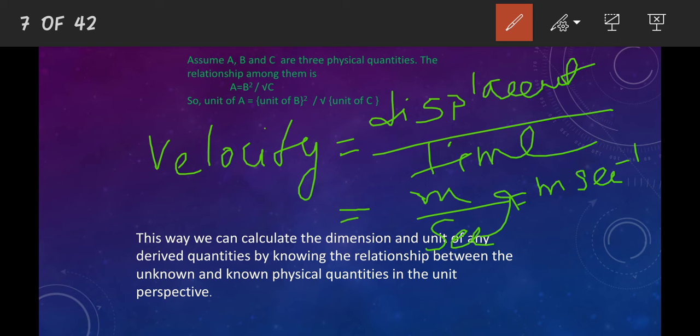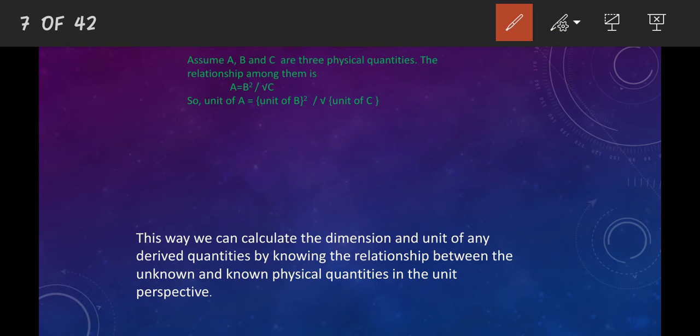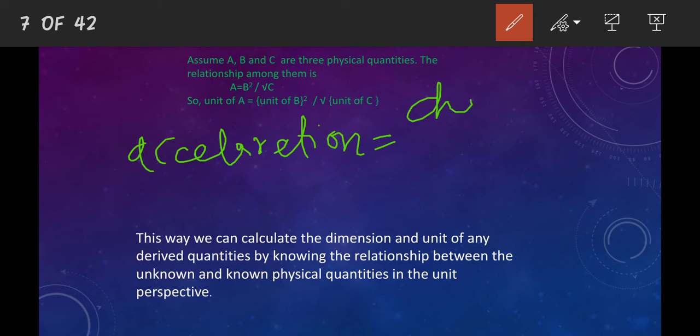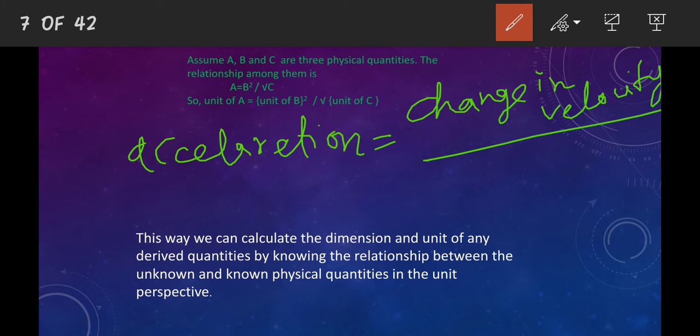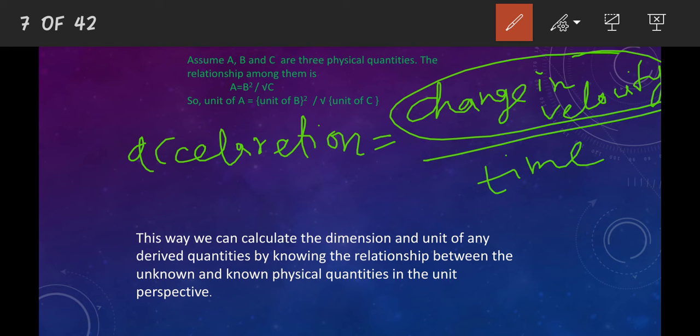So in case of acceleration, it is equal to change in velocity by time. Change in velocity means velocity. The unit of velocity is already calculated, that is meter second to the power minus 1, by time.